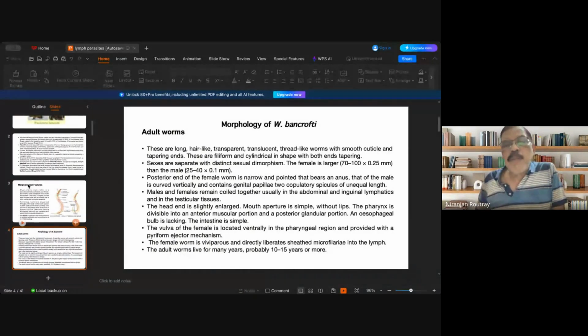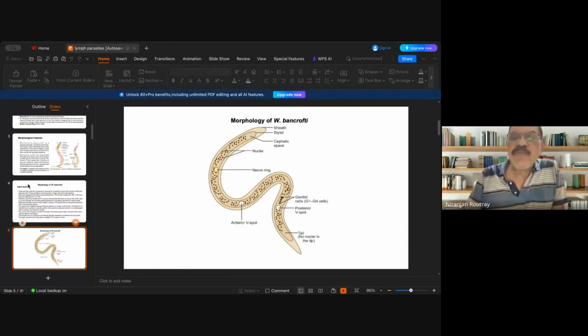They remain within the body, and after incubation they hatch within the female body, and the larvae come out, they are given birth to. So ovoviviparous worms directly liberate sheathed microfilariae. What is the sheath? It is a covering, because they reside in the lymph. Adult worms live for many years, probably 10 to 15 years.